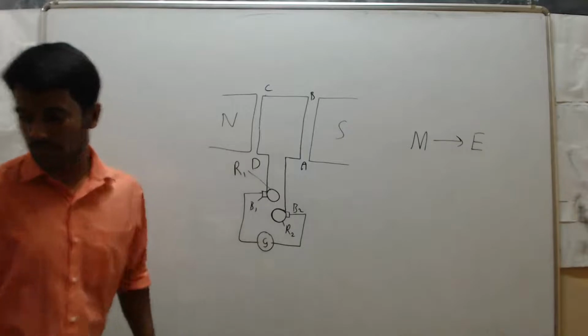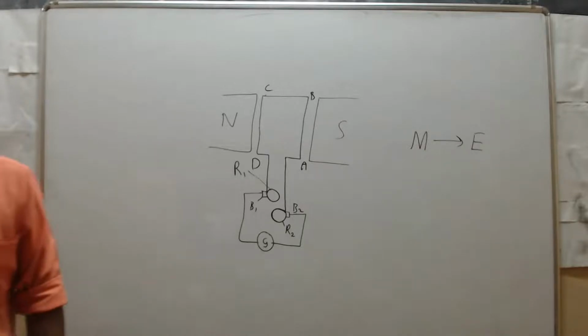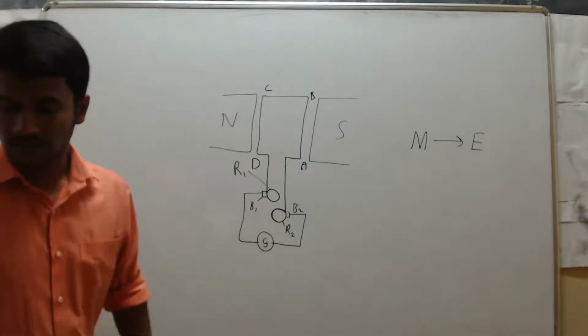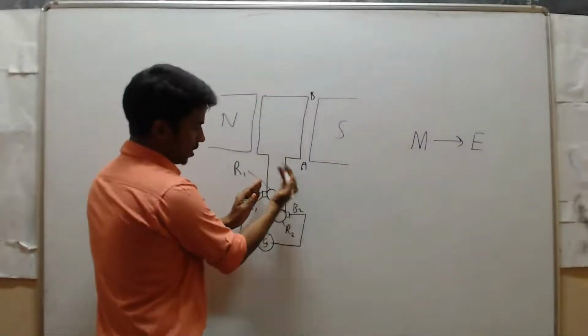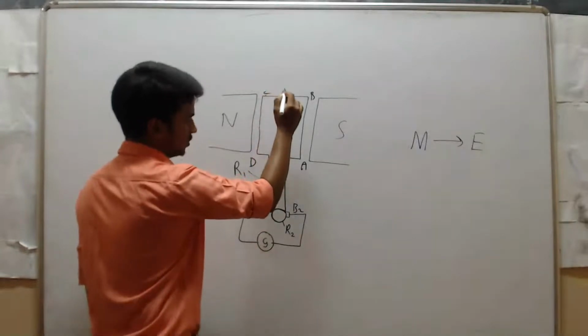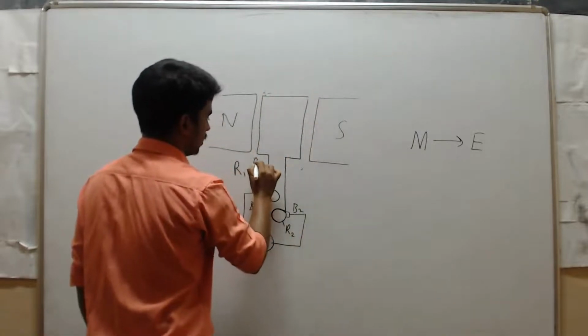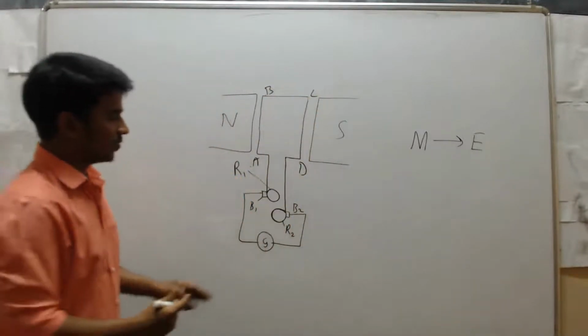That is from D to C. See here, now it will come this side, D to C. Initially A, B, and this is C and D. So after half rotation, what will happen?